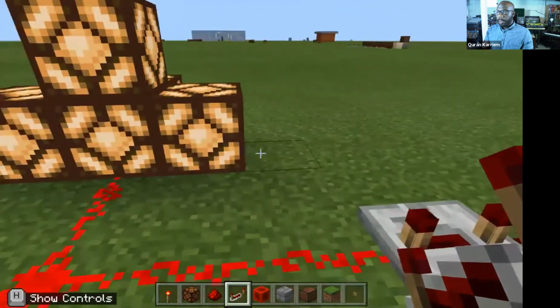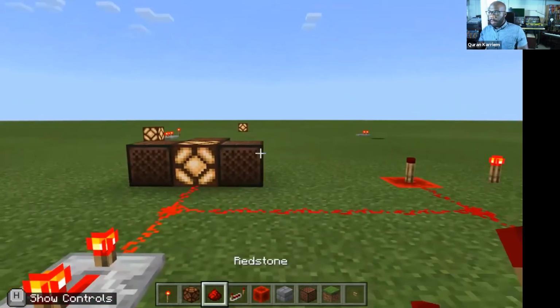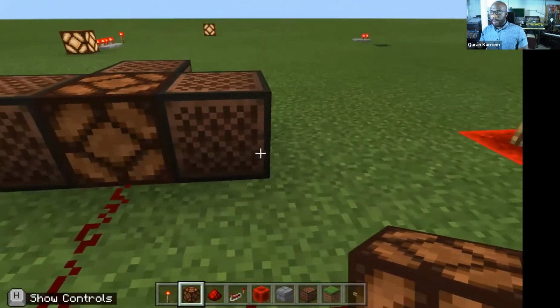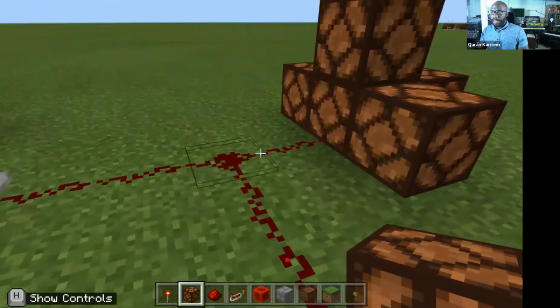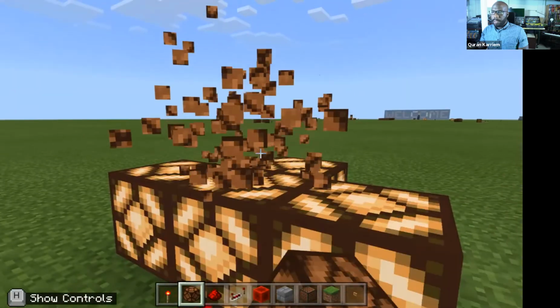Okay. So another thing about note blocks is, this is the sound that they make when they're sitting on top of grass. They make different sounds on top of different materials.